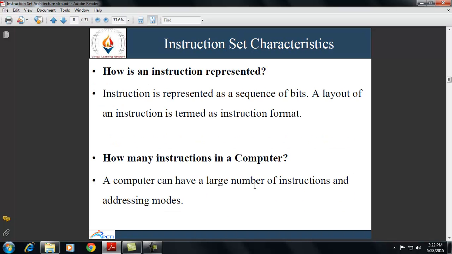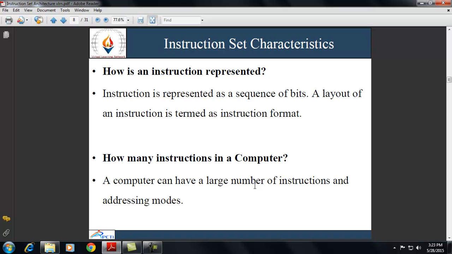Next is instruction set characteristics. In instruction set characteristics, the next question is how is an instruction represented in bits? An instruction is represented as a sequence of bits, and the layout of an instruction is termed the instruction format.